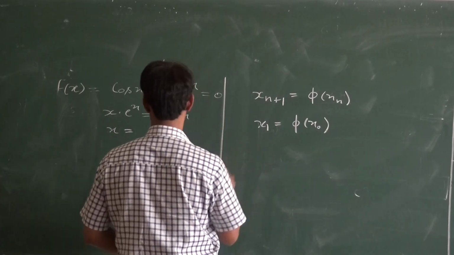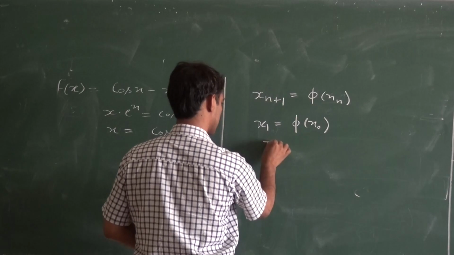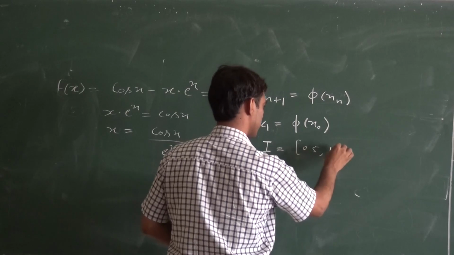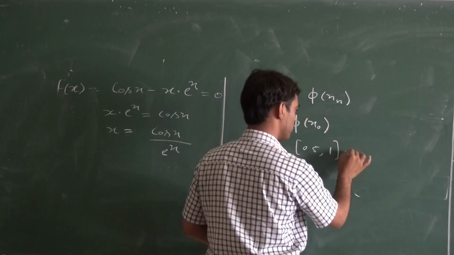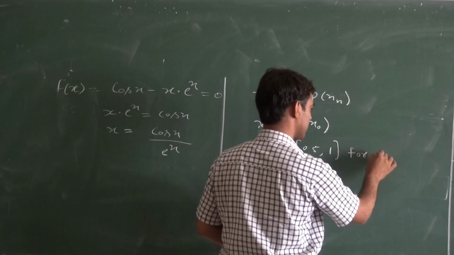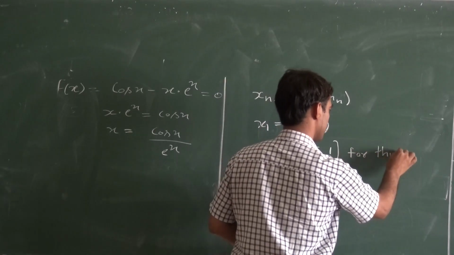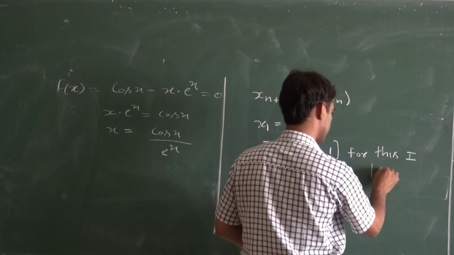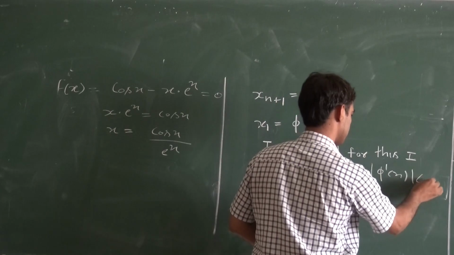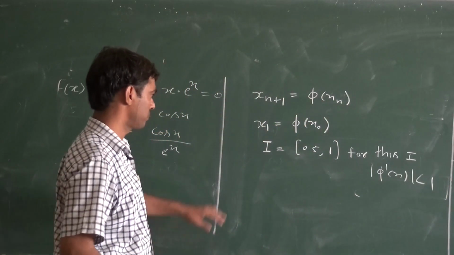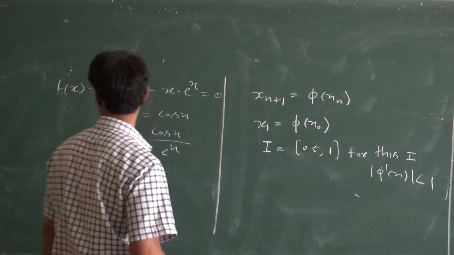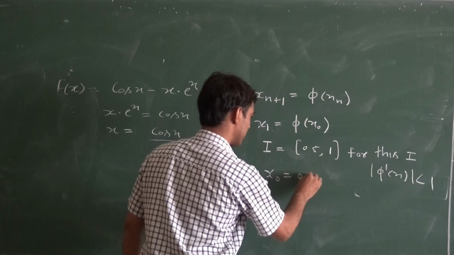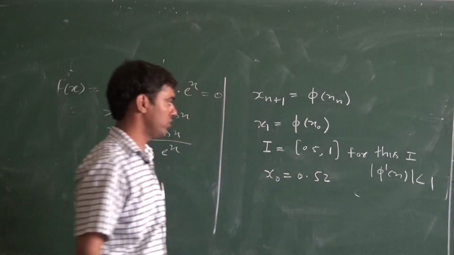If we choose x0, the class interval I is 0.5 to 1, for which mod of φ'(x) is less than 1. Now we choose any value from here. Suppose we choose x0 equal to 0.52, nearer to 0.5.